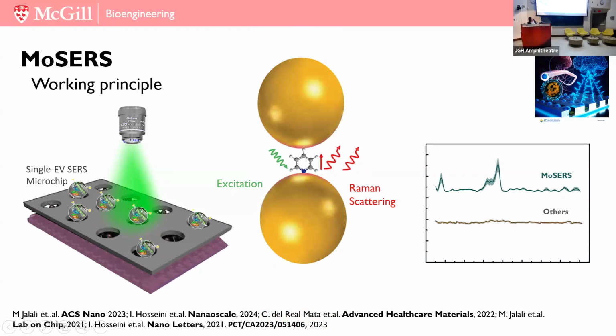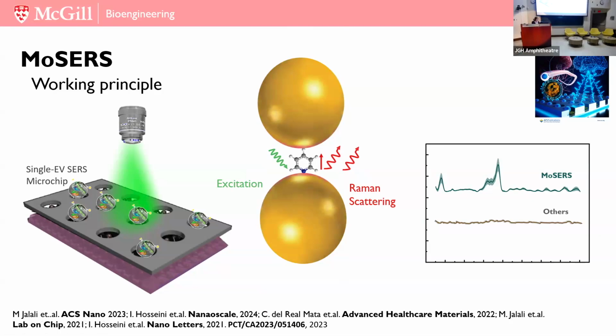If you look at the difference between these two peaks, one based on surface enhanced Raman spectroscopy and a regular one, you will see that the spectrum from this surface enhanced platform, which we call Mosers, is much more amplified. It can give us more information.